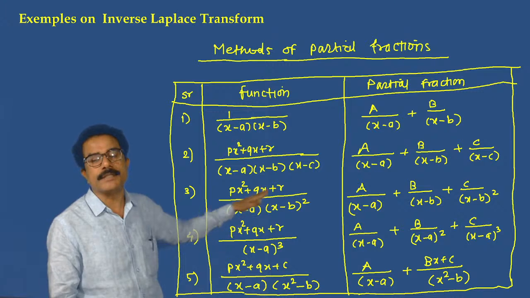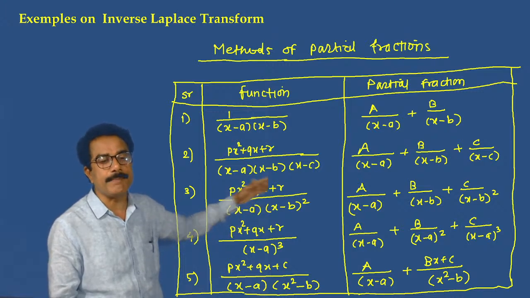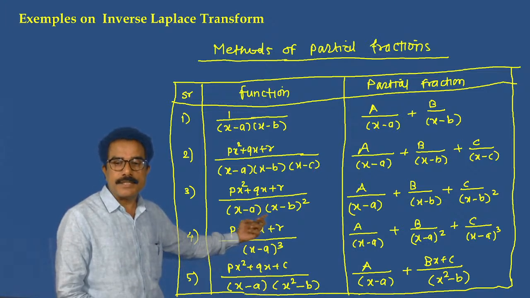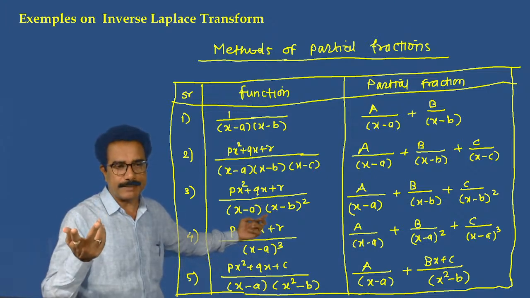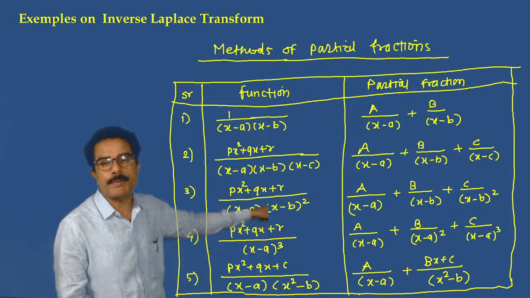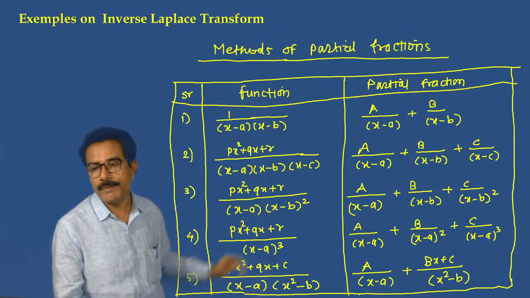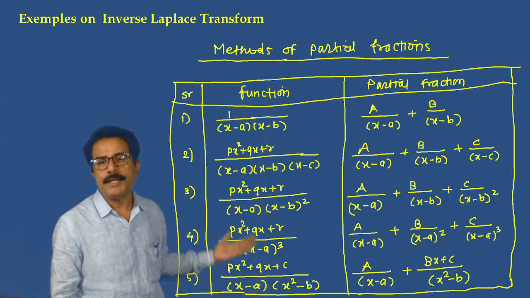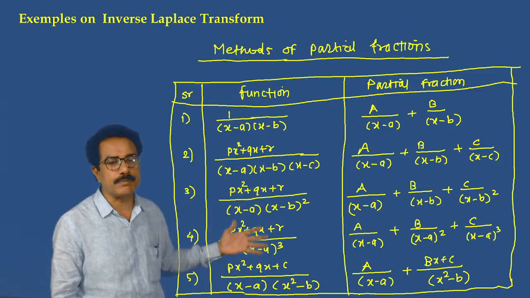So again we need three constants A, B, C. Here x minus b is a repeated bracket, so its partial fraction is in this way: A divided by x minus a plus B divided by x minus b plus C divided by (x minus b) bracket square.